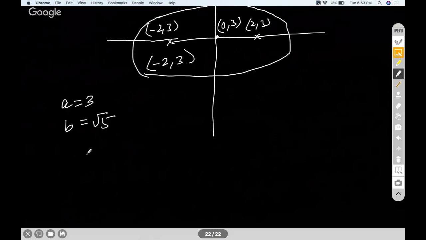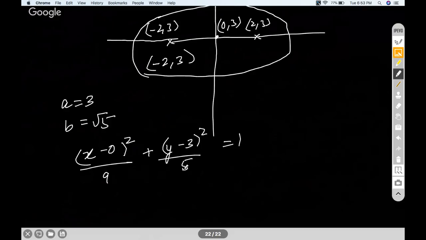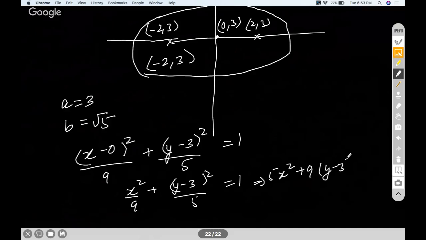So you can also use the formula (x minus 0) whole square by a square plus (y minus 3) whole square by b square equal to 1. That's x square by 9 plus (y minus 3) whole square by 5 equal to 1. That actually gives you 5x square plus 9(y minus 3) square is equal to 45.